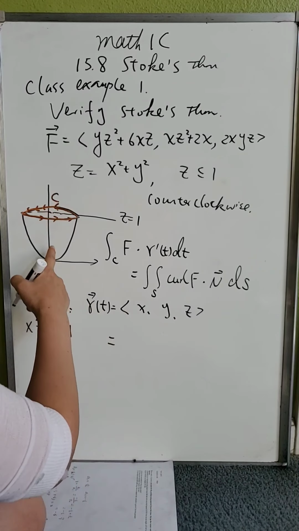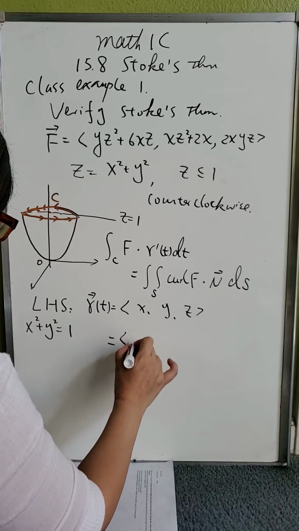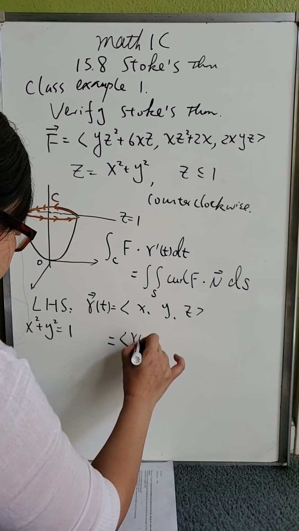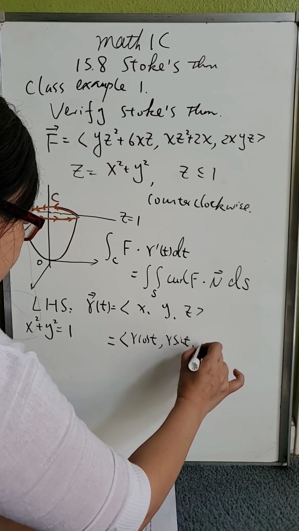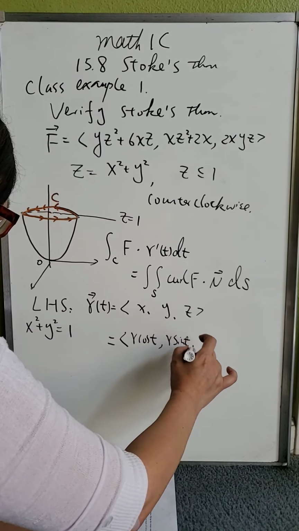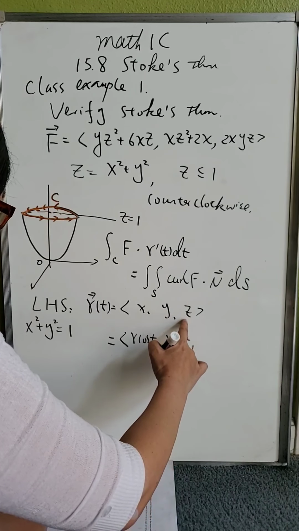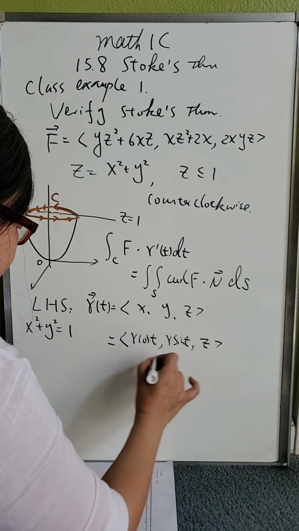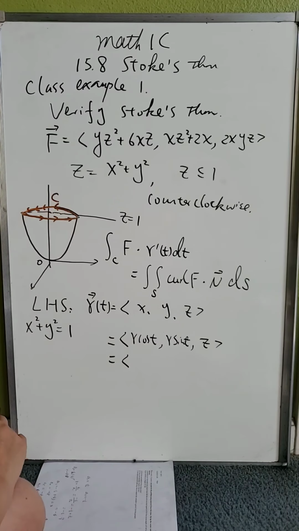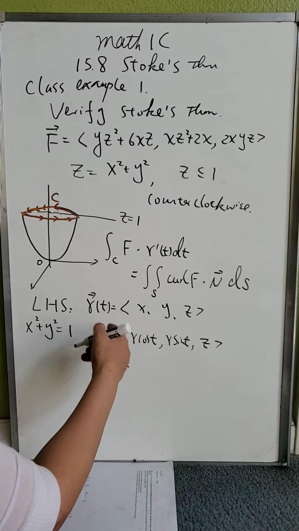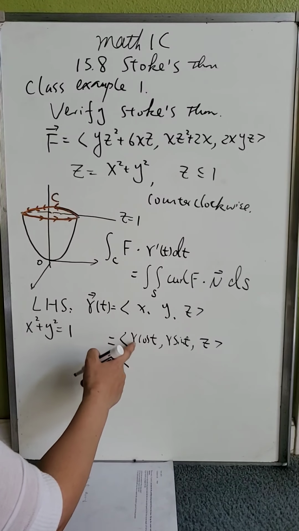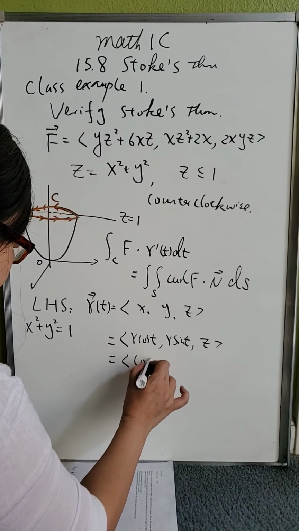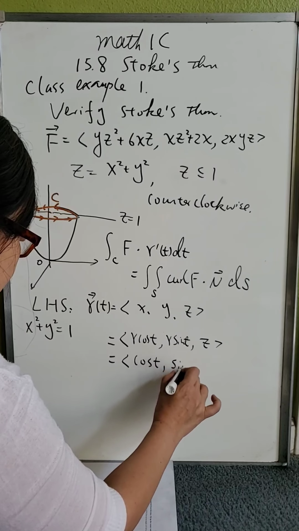So your x is equal to r cosine t, r sine t, and then z. Here I put a z first, then I fill it in later on. Normally for Green's theorem we don't use the parametrization, but for 15.2 we parametrize. Since r is equal to 1 here, it's just cosine t and sine t.